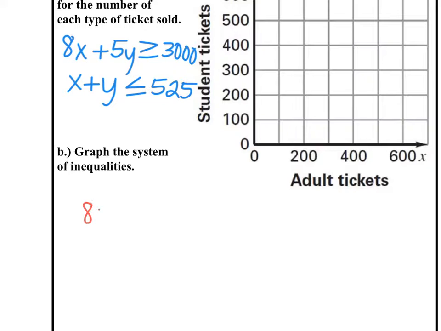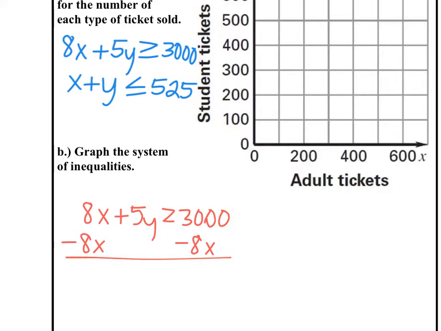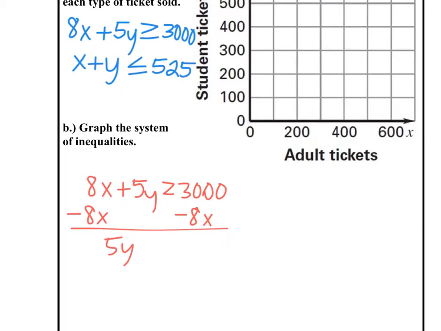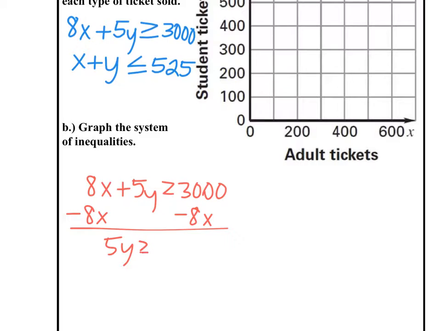So 8x plus 5y is greater than or equal to 3,000. Let me see, what do I do first? Subtract it. Okay. And then we are left with 5y is greater than or equal to 3,000 minus 8x.